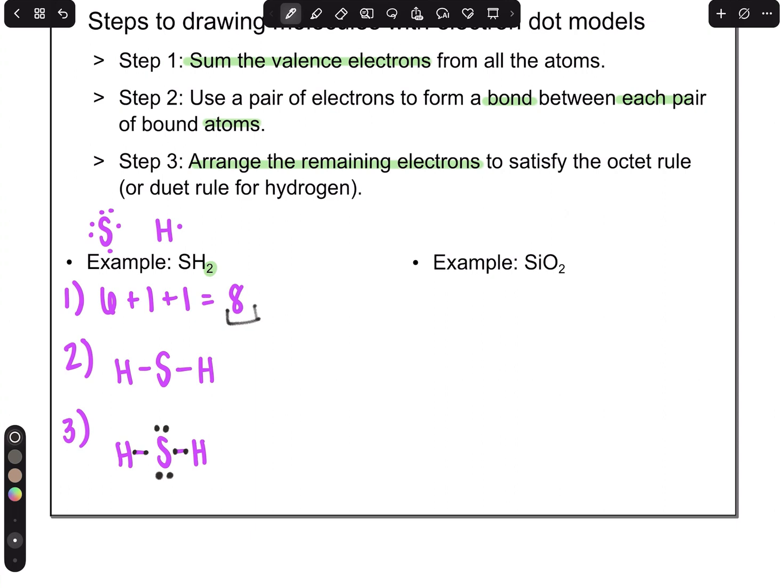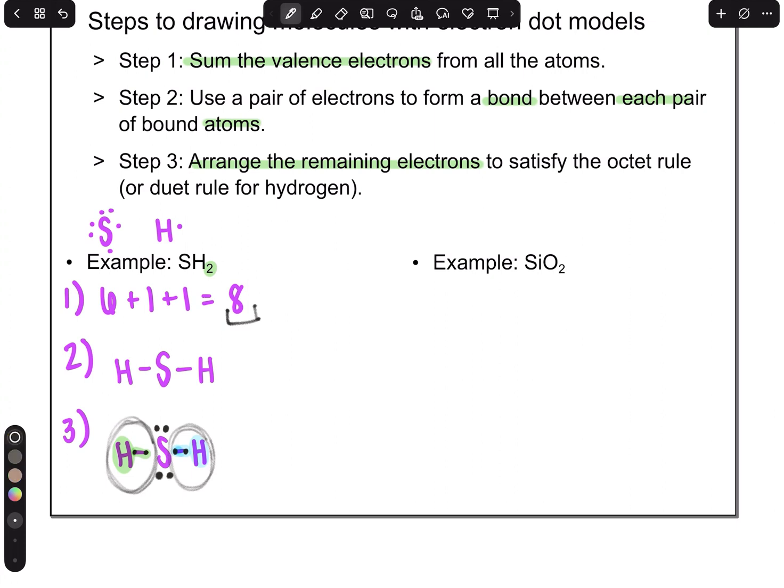Now I just need to double check that I've satisfied the octet rule for all of my atoms. Let's start with hydrogen over here on the left. Hydrogen over here on the left requires only 2 electrons to get a full octet, and that's what it has access to, so that works out perfectly. Hydrogen over here on the right only requires 2 electrons as well, which is what it has access to.